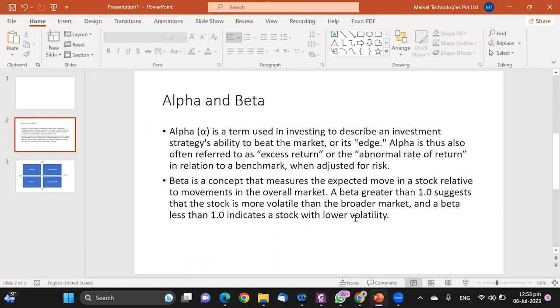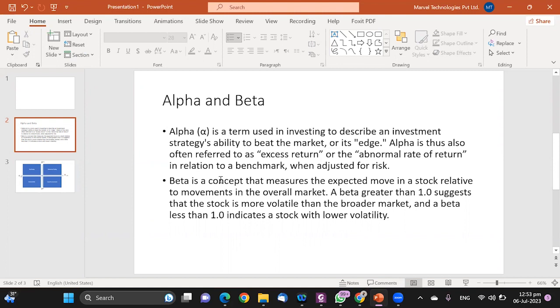Alpha is the parameter that will describe how much this particular stock is beating the market, and by how much margin. The second thing you need to check is beta. Beta is the volatility of the stock: if the stock market goes down, how does this stock behave? Does it go up or down?